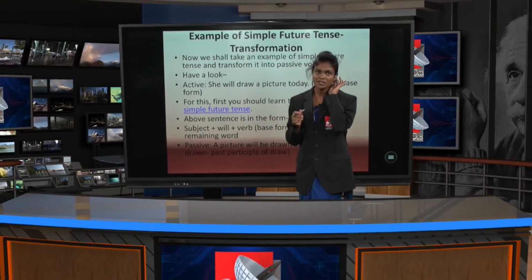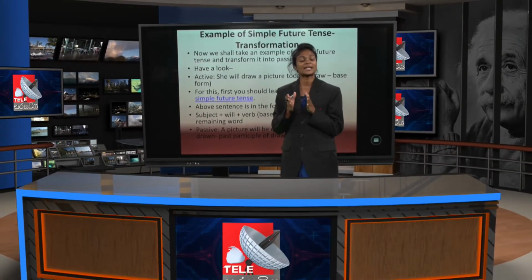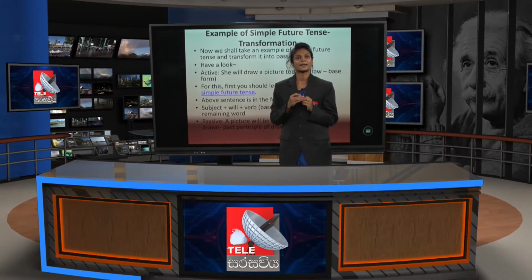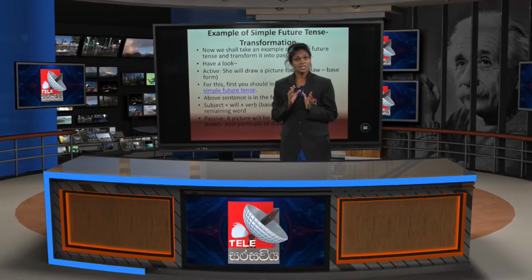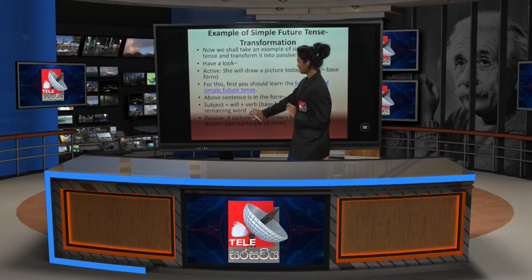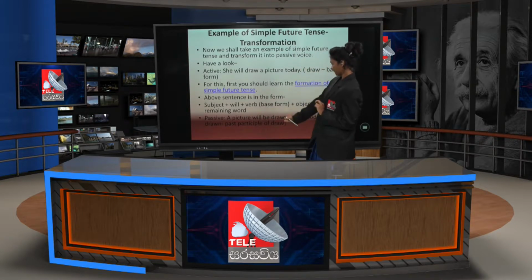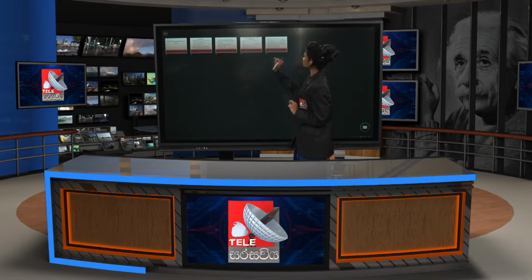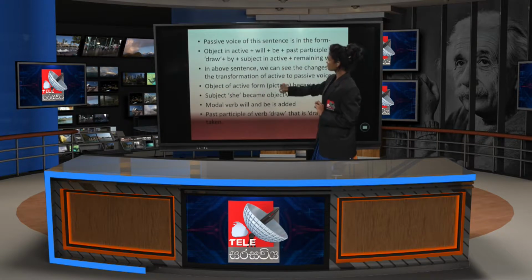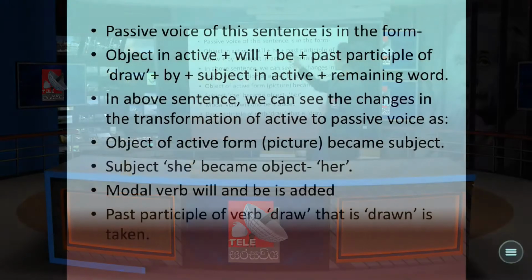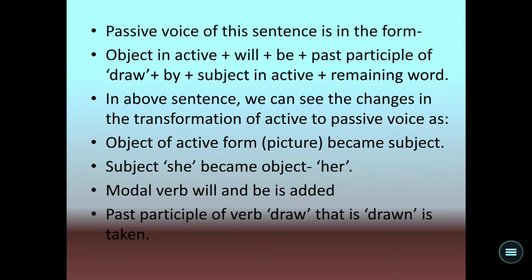It's not the real subject, but it acts as a subject, right? Then you can add will plus be, will be, as well as the past participle of the verb.